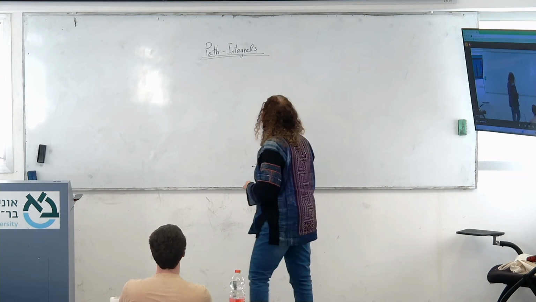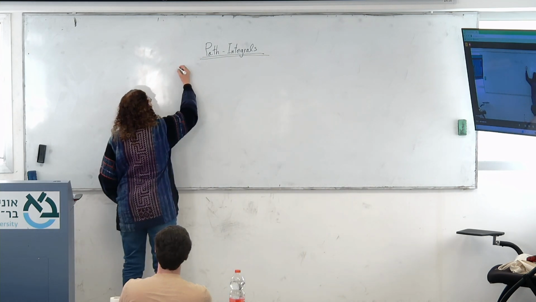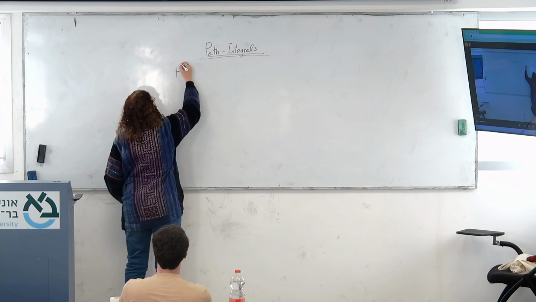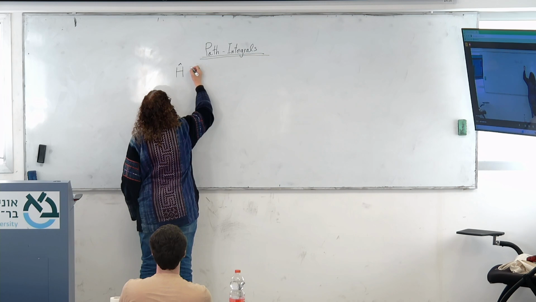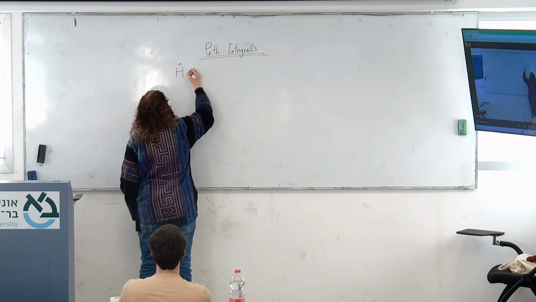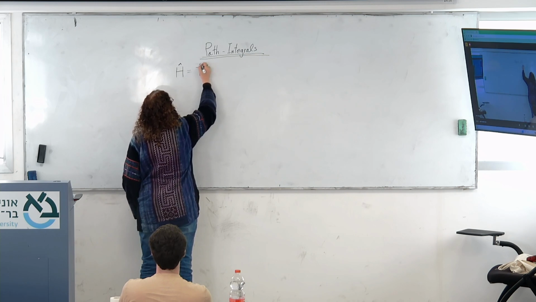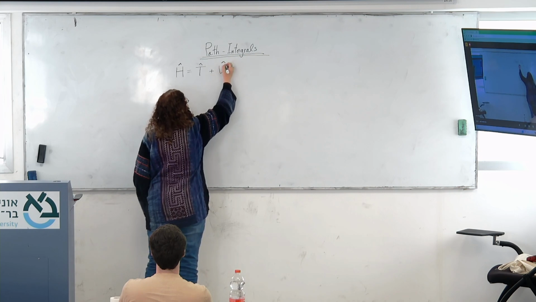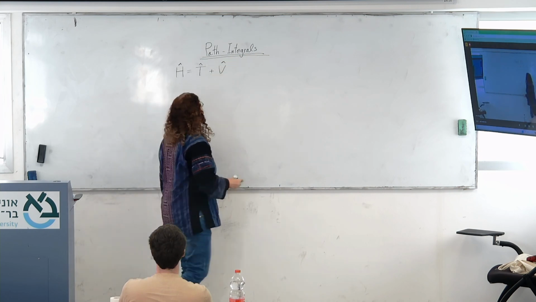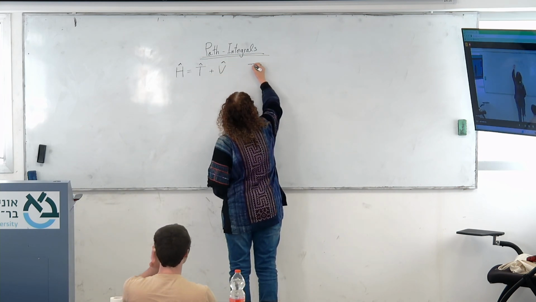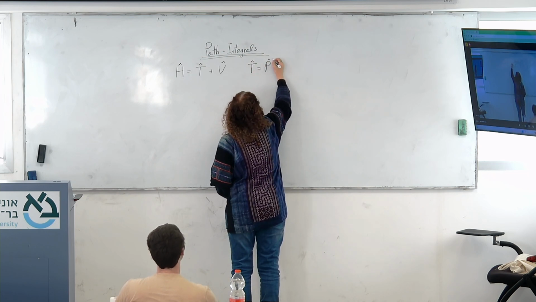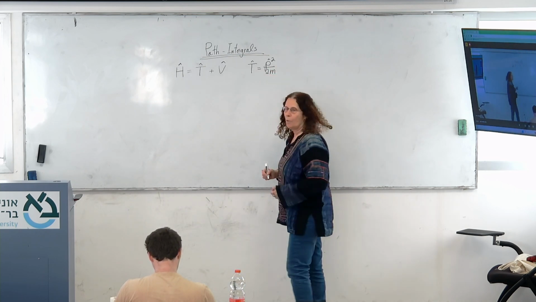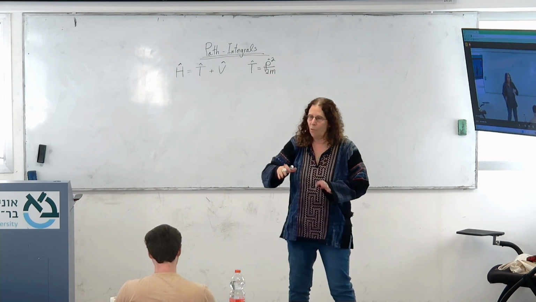Okay? So let me first mention the problem that we are discussing. We have a Hamiltonian that is made of a sum of two terms, kinetic energy, which is just p squared over 2m, okay, and p is a momentum operator. It's also one-dimensional.